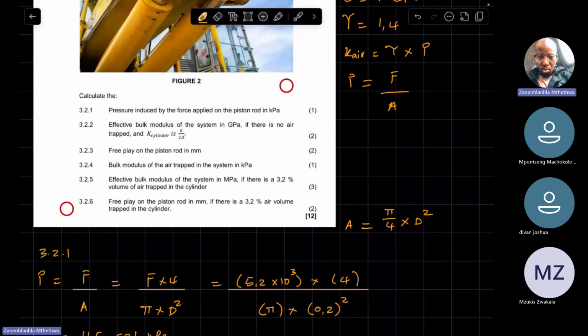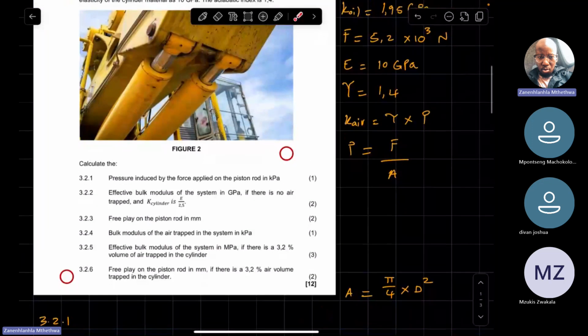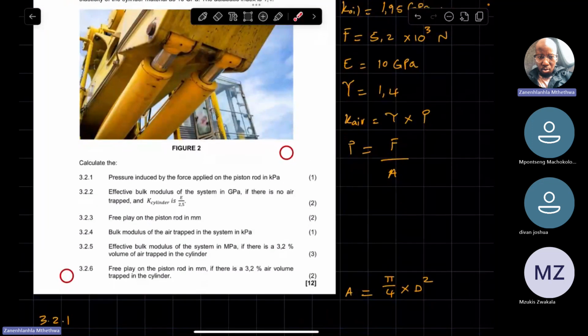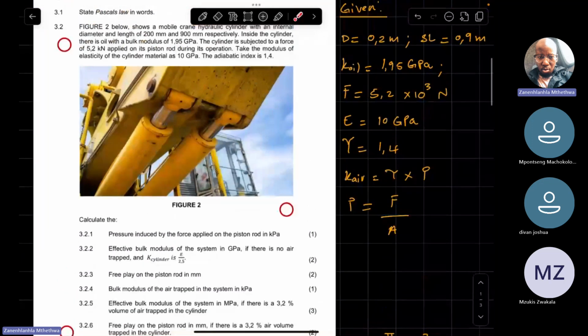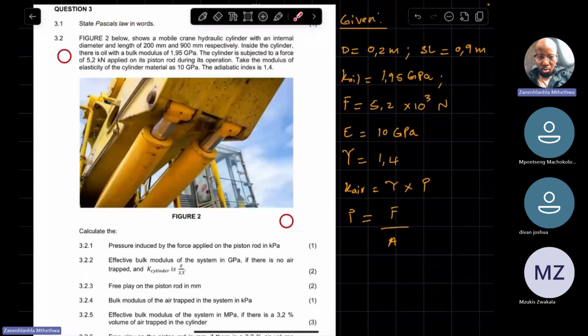3.2.4 calculates the bulk modulus of air trapped in the system in kilopascals. Now we are assuming that there's air trapped in the system, and like I said, how you calculate that bulk modulus is by using this formula. You use the adiabatic index, multiply that with the pressure.